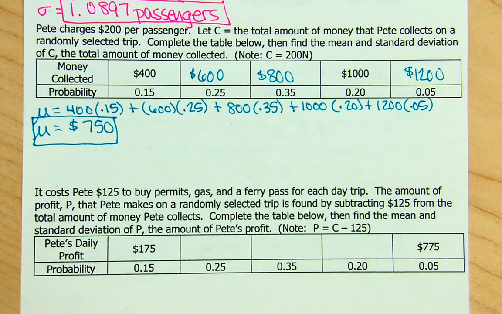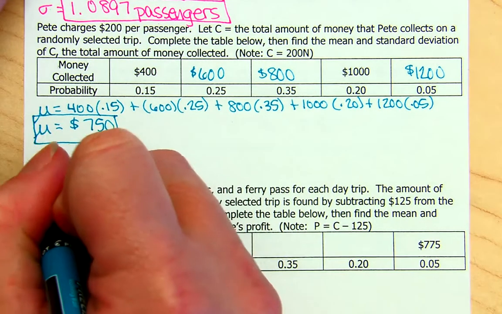The mean per trip is $750. And we need to get the standard deviation.